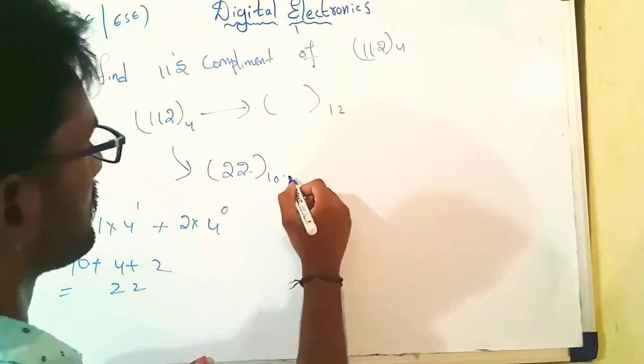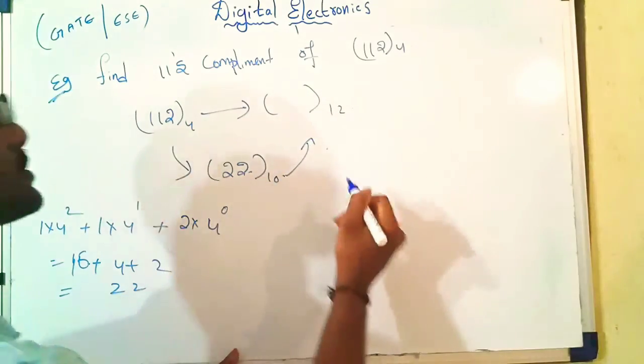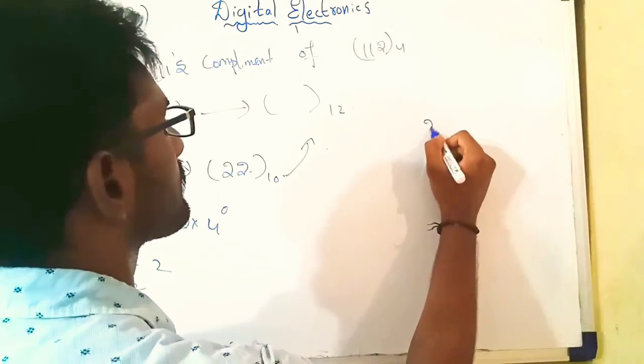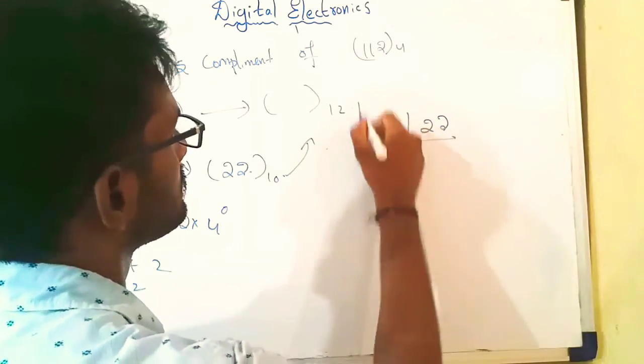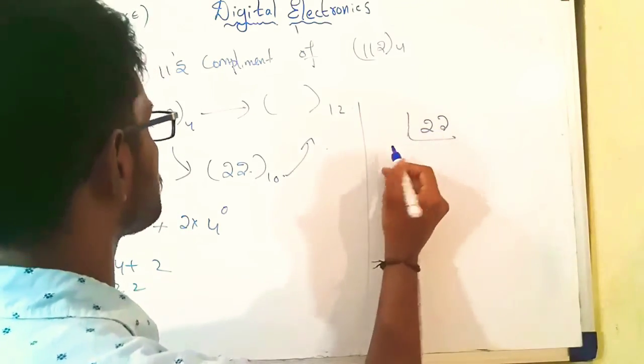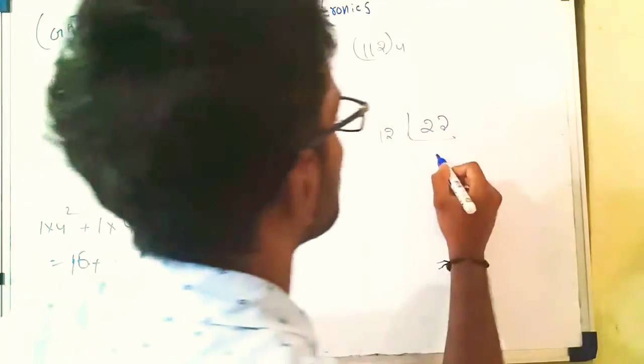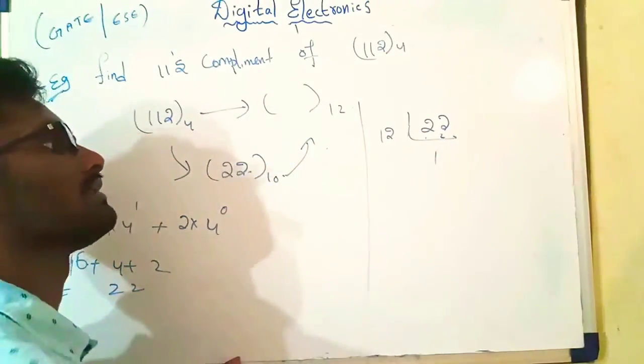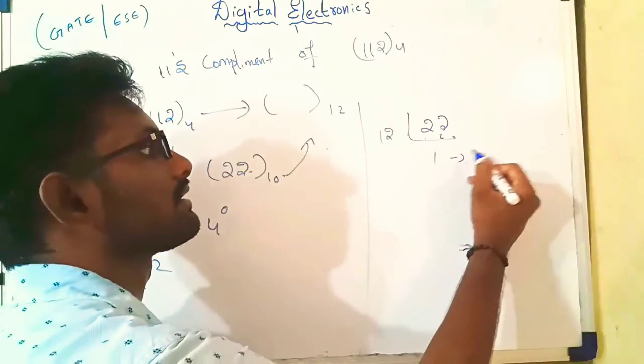So the value is 22 in base 10. Now convert this base 10 to base 12. Divide by 12. The remainder will be 10.